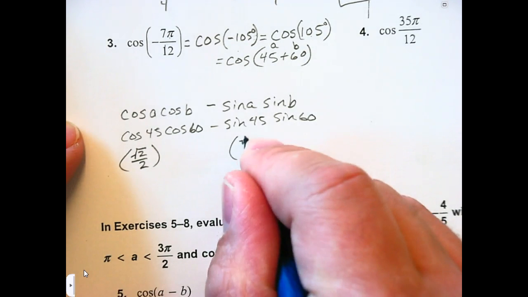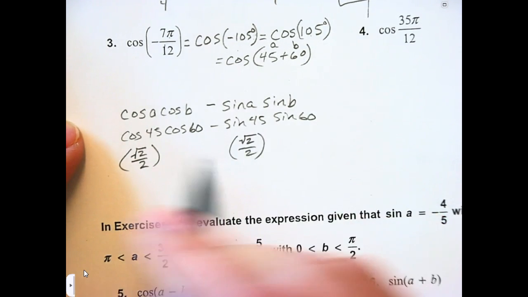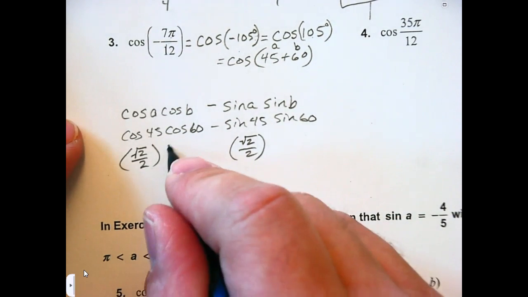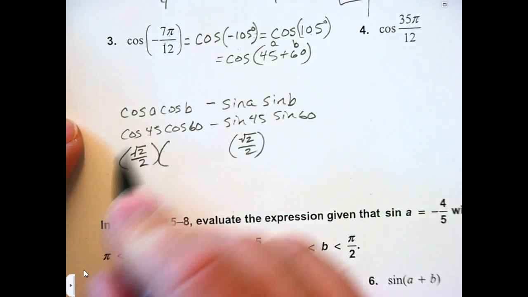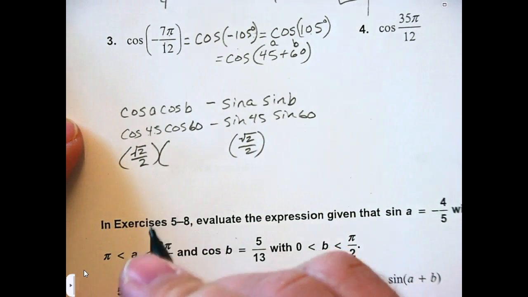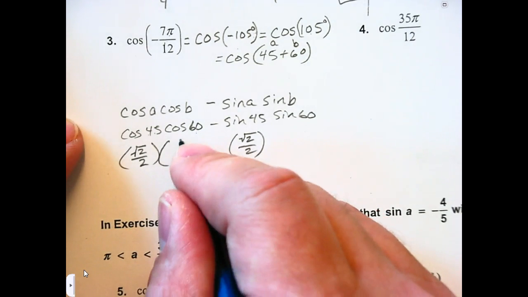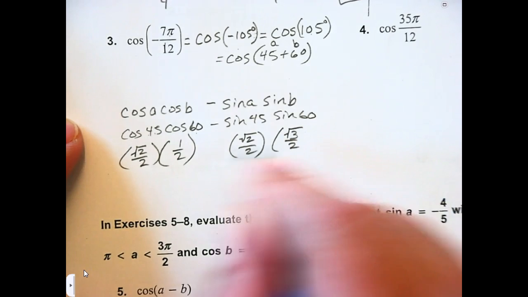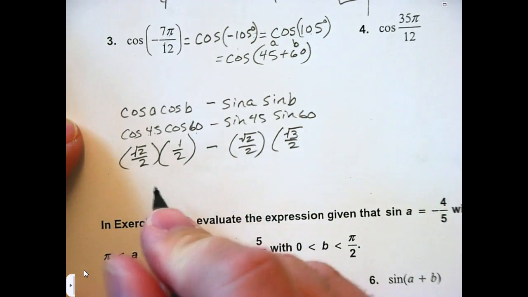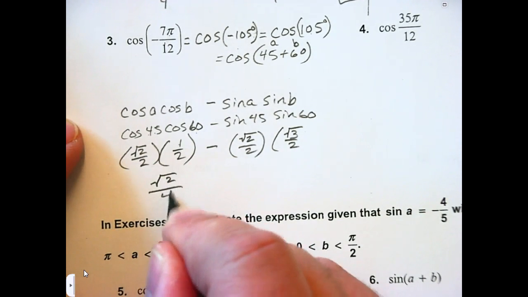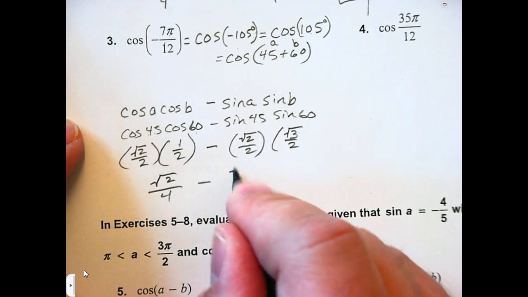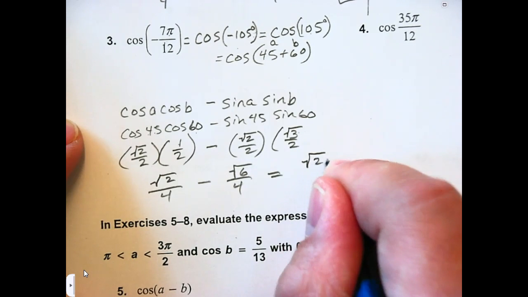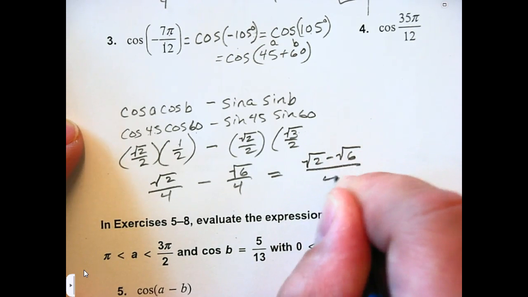Sine 45 is root 2 over 2. Notice I try to use the same angles because I'm thinking of that coordinate already. So, both in quadrant 1. Cos 60 is 1/2. Sine 60 is root 3 over 2. It's root 2 over 4 minus root 6 over 4, which is equal to root 2 minus root 6 all over 4.